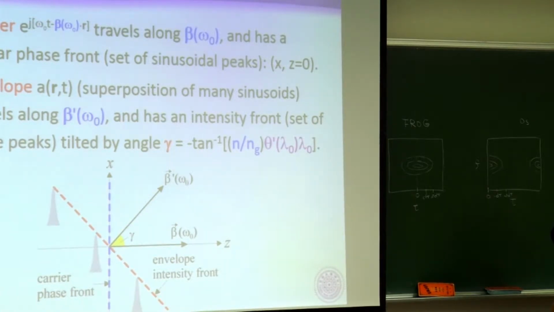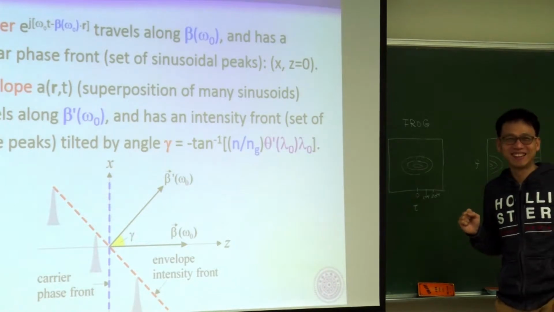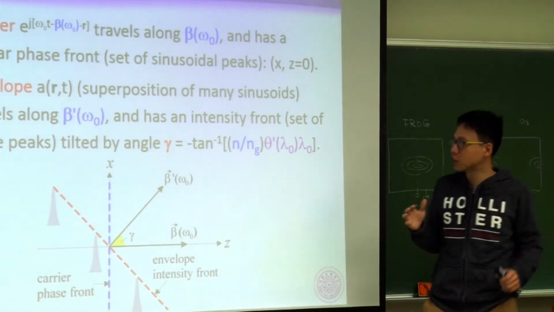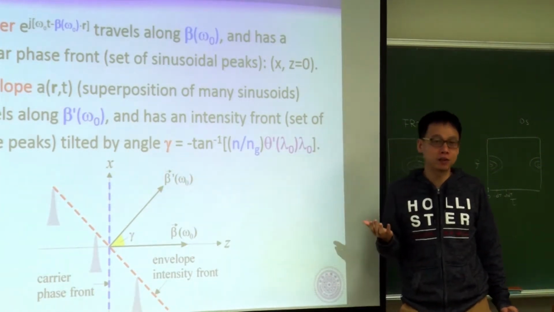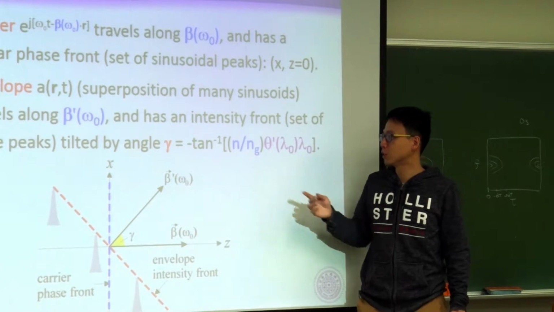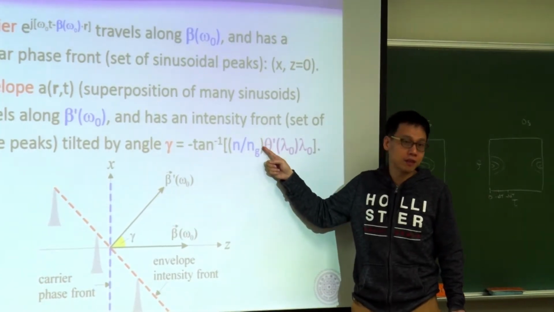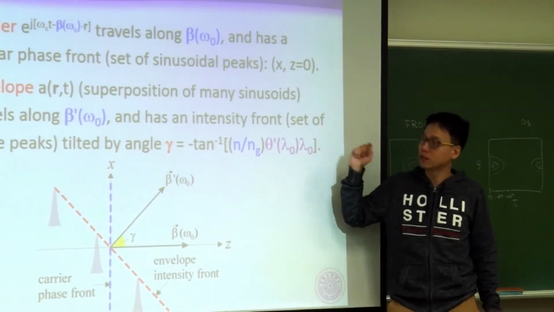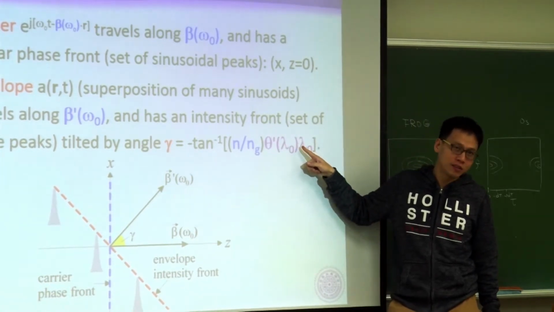Any other questions? But if you have material dispersion but no angular dispersion, what happens? If you have material dispersion, the ratio is not 1, right? But theta prime is 0.